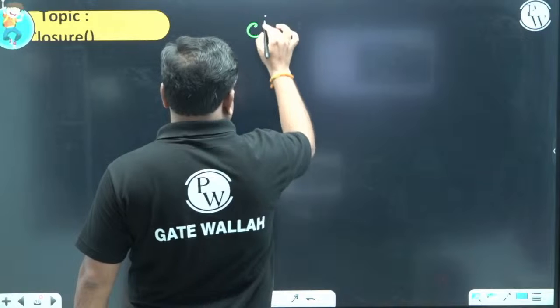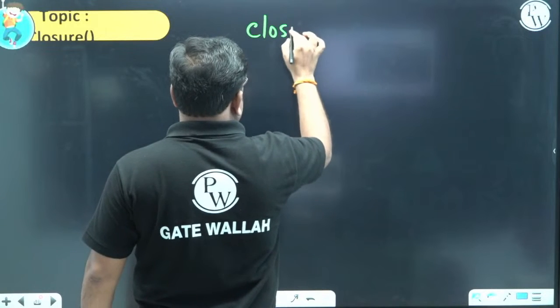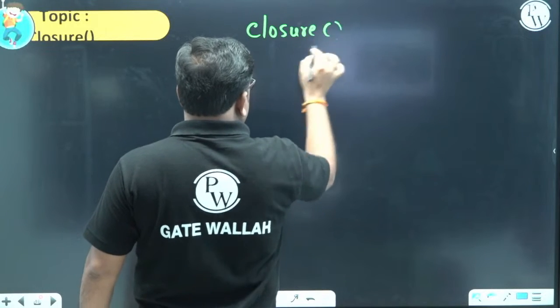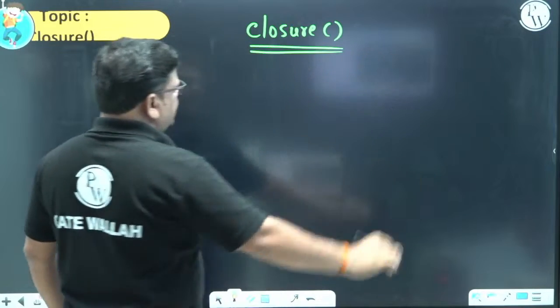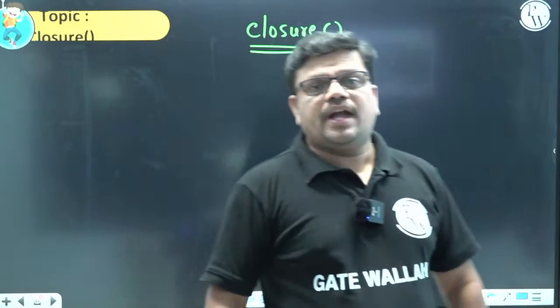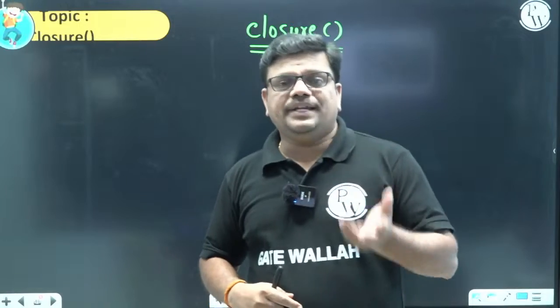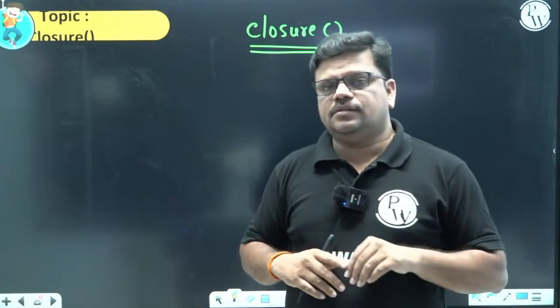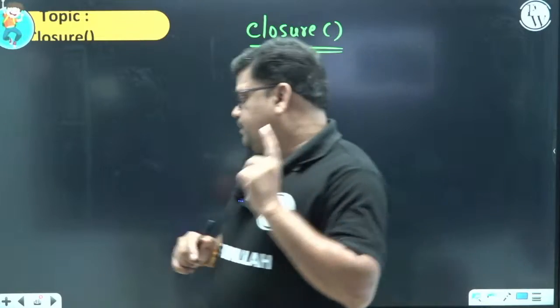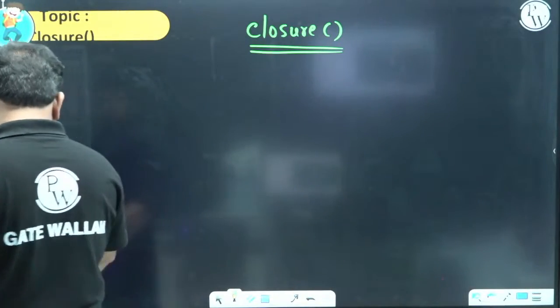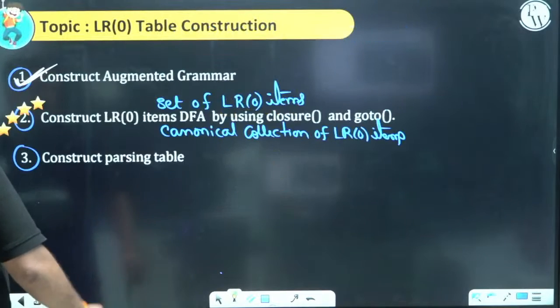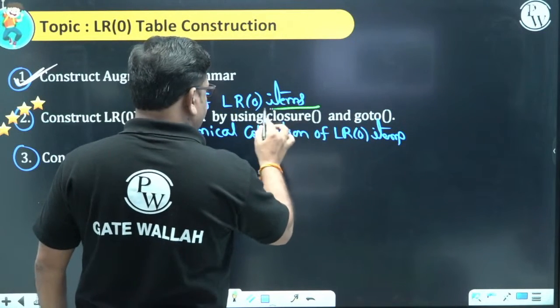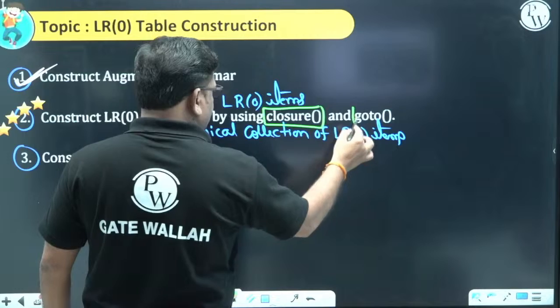Next we will go for a function called closure. To compute these LR0 items, to calculate how many LR0 items and how many states the DFA has, we need the help of two things: closure and goto.